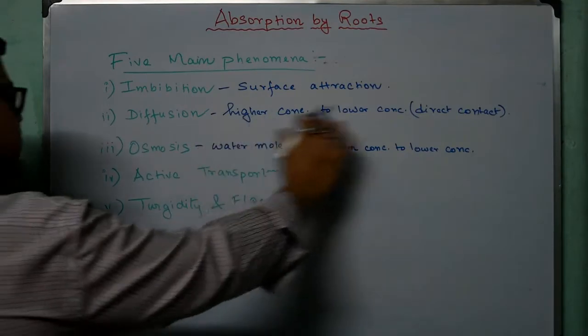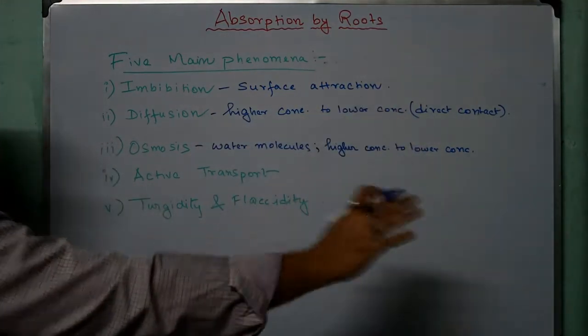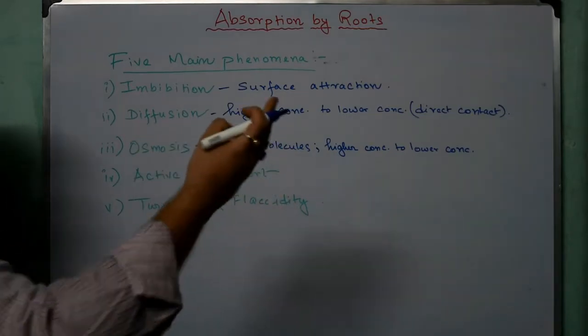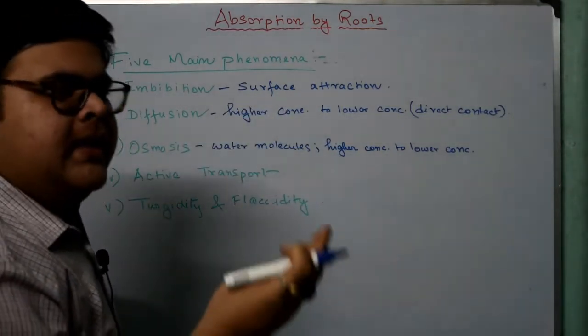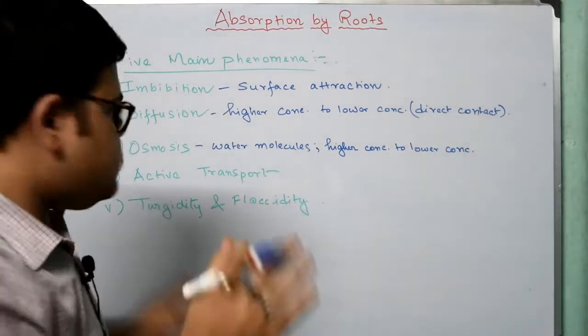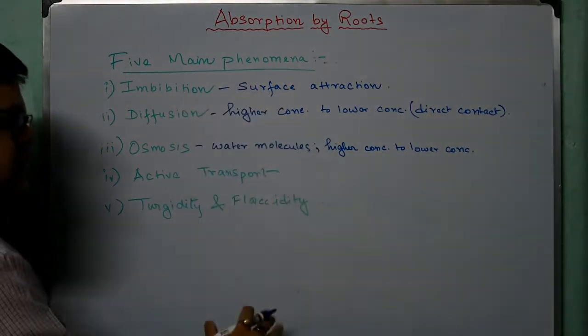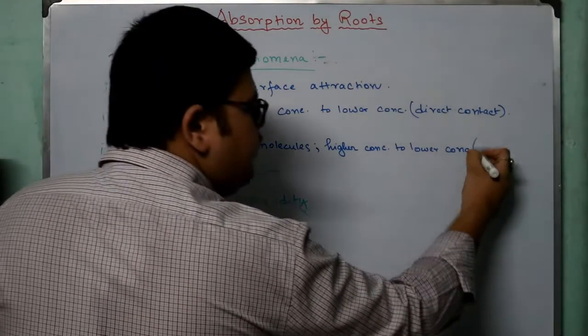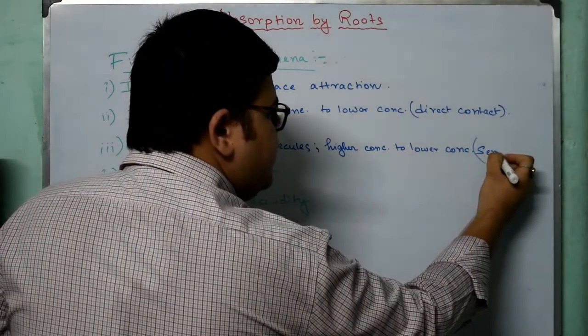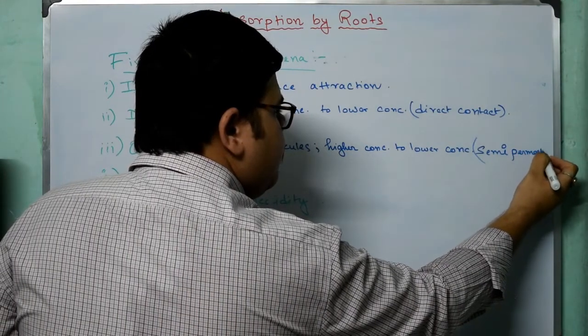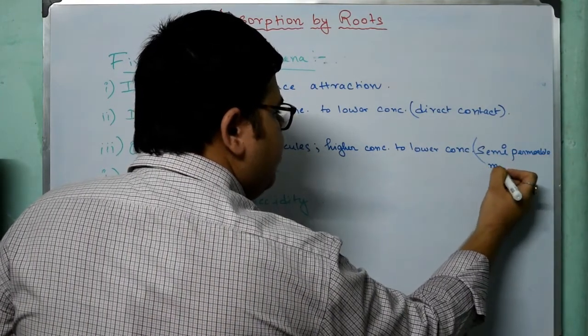See, higher concentration and lower concentration is the same for diffusion and for osmosis, but diffusion can take place in solid, liquid and gas, whereas osmosis is only for water molecules. It is the same from higher concentration to lower concentration, but through a semi-permeable membrane.